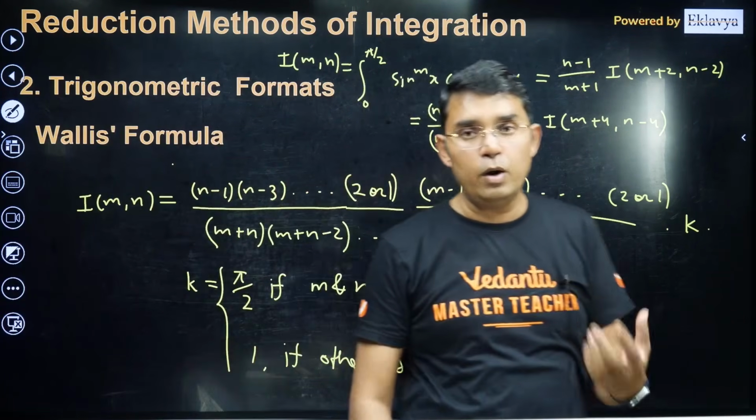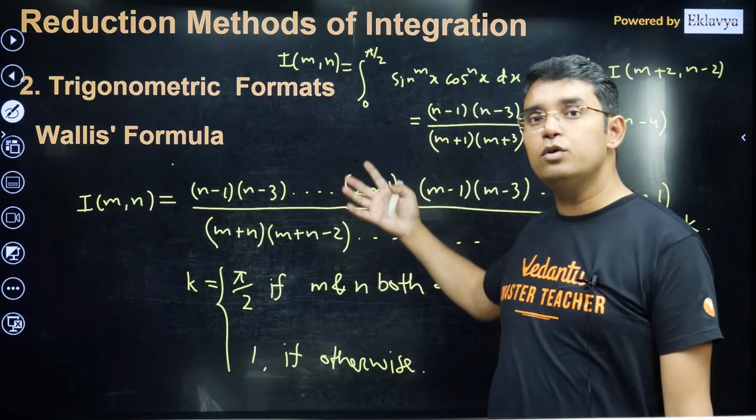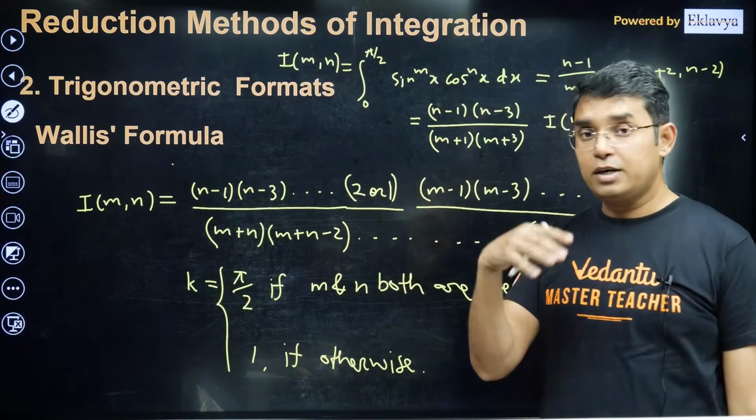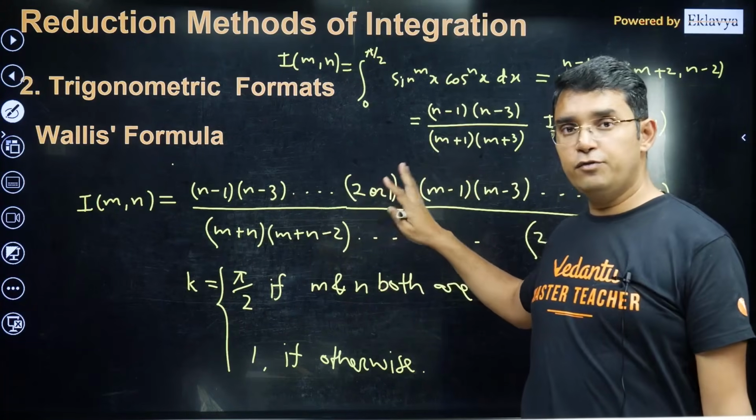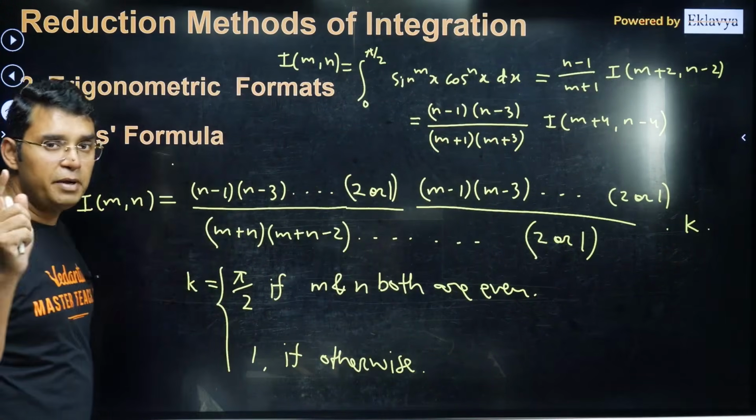In fact, I will talk about the beta function also. That is also very similar to this. Let's see what the beta function is and how it is different from it. I will also talk about the importance of knowing gamma and beta functions.